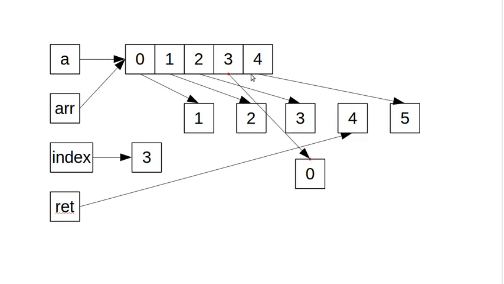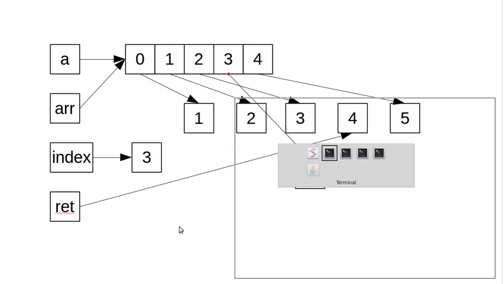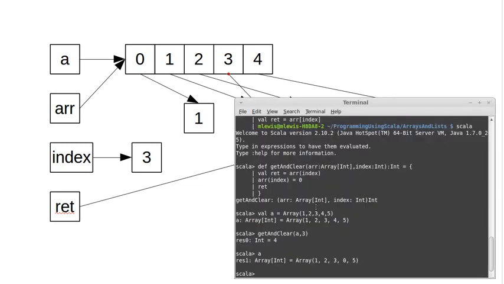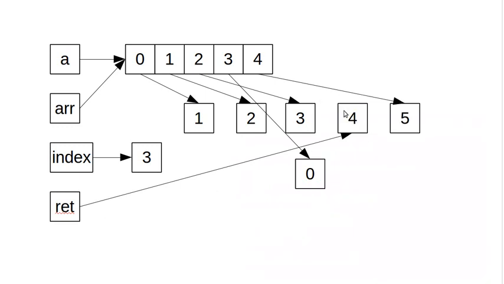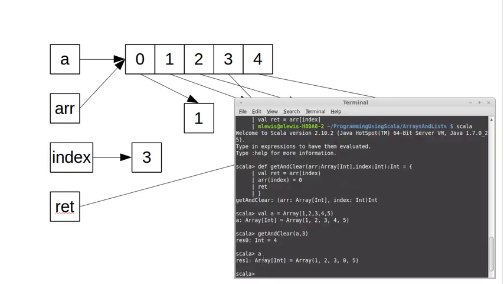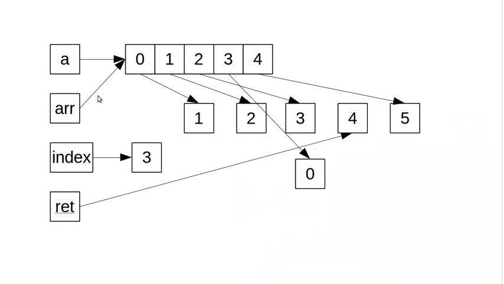And now I change it so that index 3 points down to here instead of over there. But this box with the 4 still exists, and ret can still point to it, and everything is happy there. Then I return the value that ret references, so I give back the 4. When we were done, the array a, which arr had been an alias to, now points to 1, 2, 3, 0, and 5.